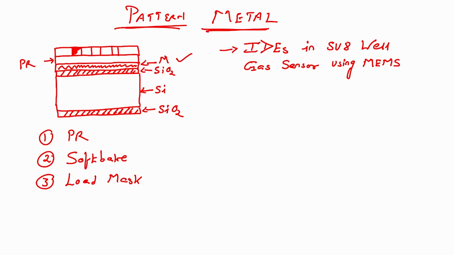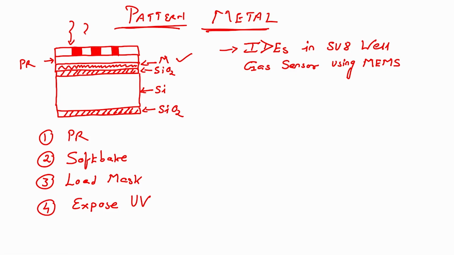and then what we will do? Next step is we will expose the wafer which is spin coated with photoresist, right. Next step will be the 4th step, expose with UV light, right.